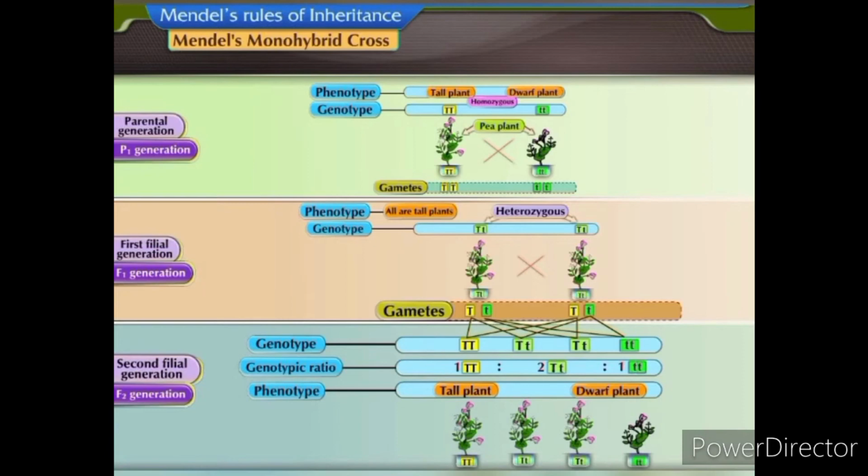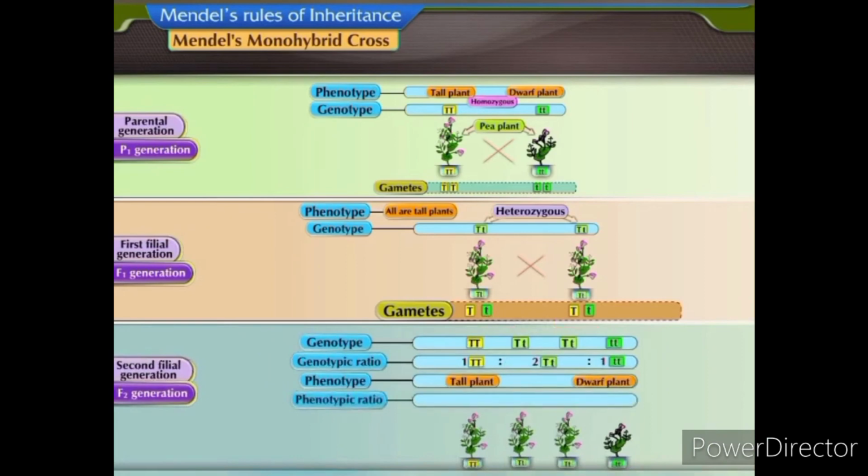As in this case, allele capital T for tallness is dominant, the plants with genotype capital T small t will be tall. Thus, phenotypic ratio is 3 tall plants is to only 1 dwarf plant.